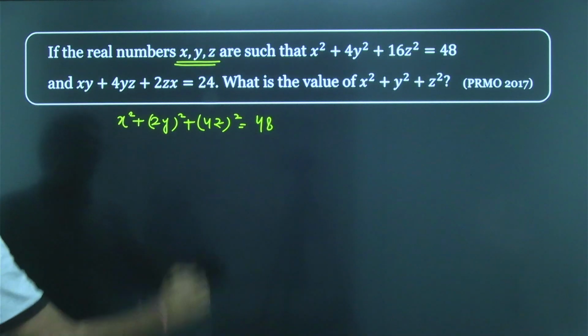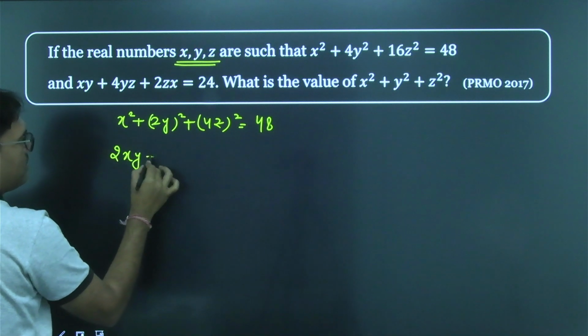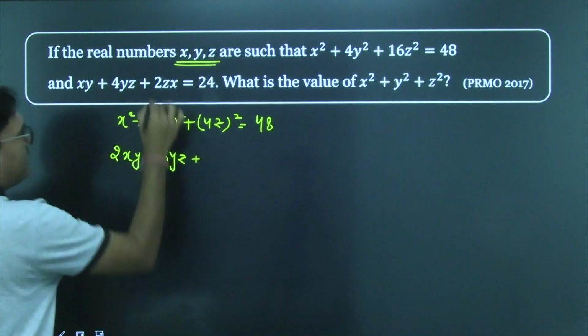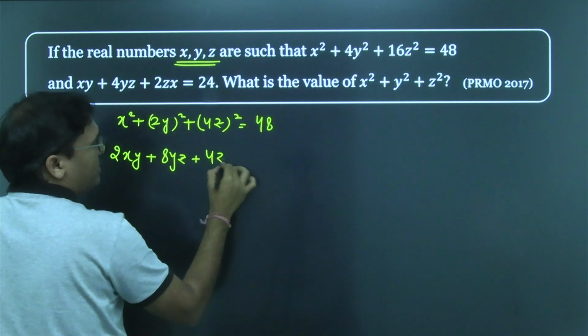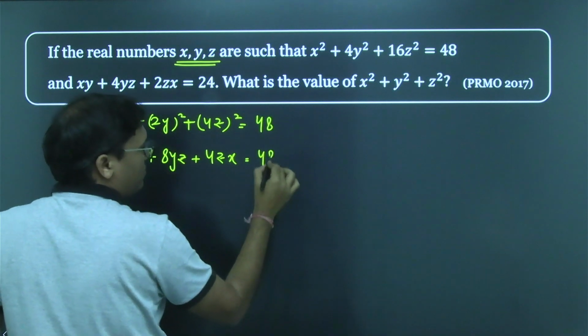And the second equation, you just observe this. This is 2xy plus 8yz plus 4zx. What I have done is I have just multiplied by 2. Why have we multiplied by this 2? Now you will see.